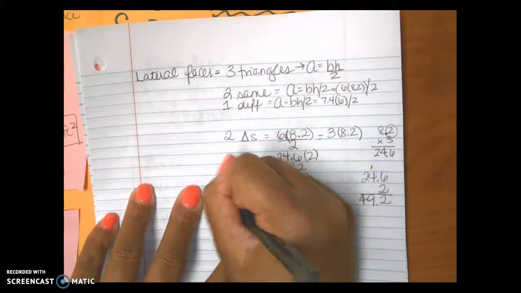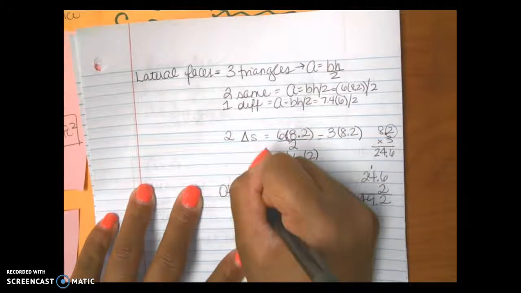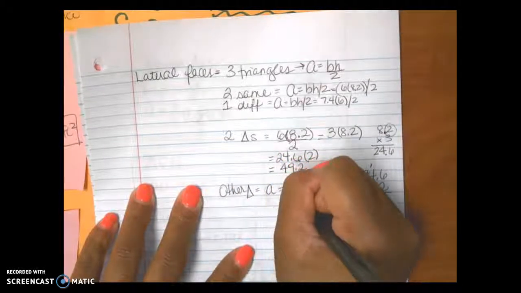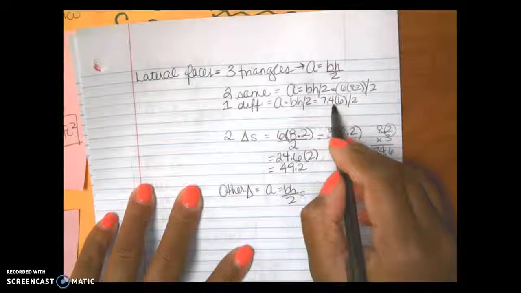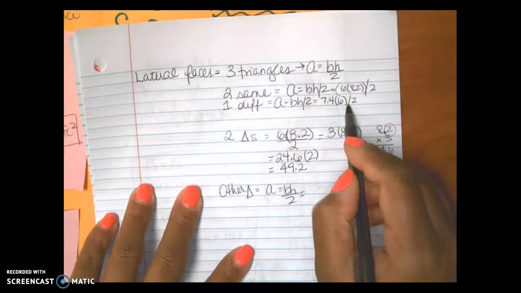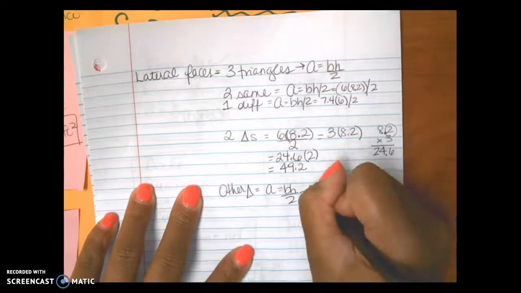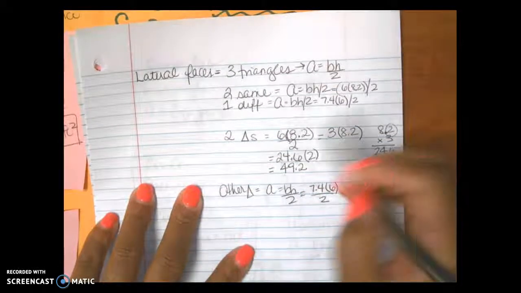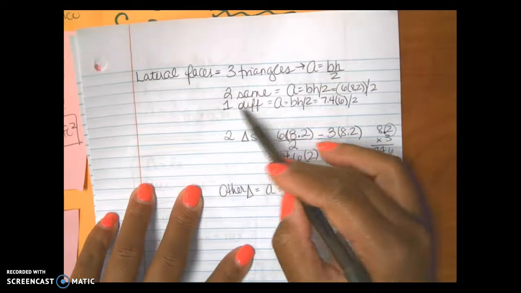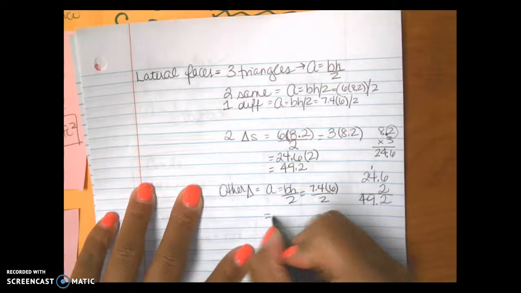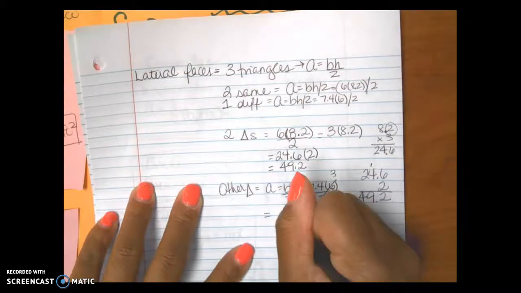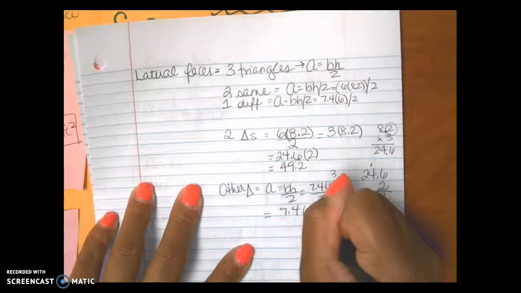And then the other triangle is base times height divided by 2, which was 7.4 times 6 divided by 2. Other triangles, 2 same, 1 different. And then half of 6 is what? 3. So it's 7.4 times 3.